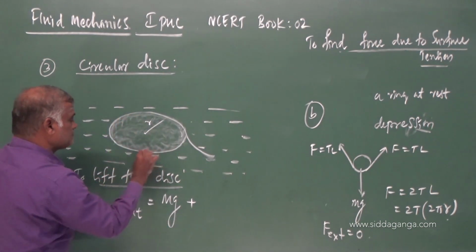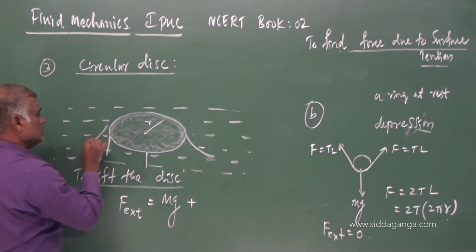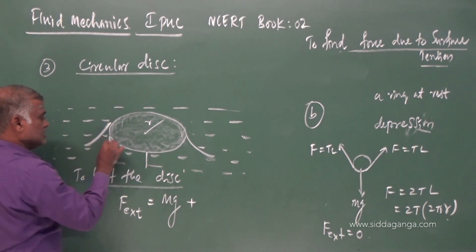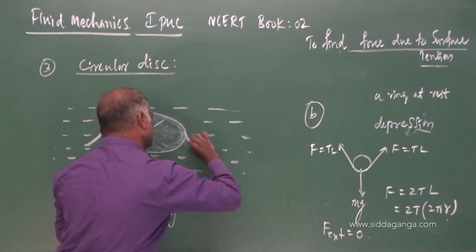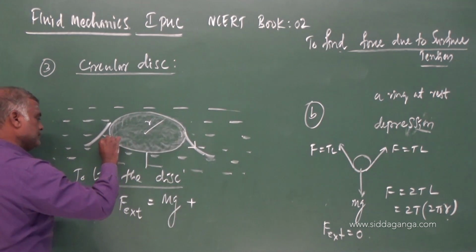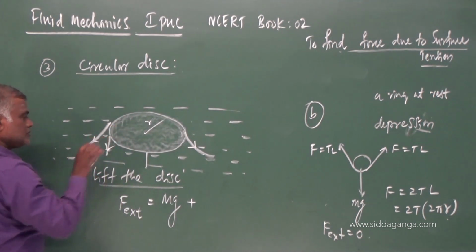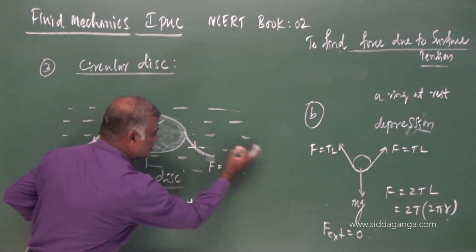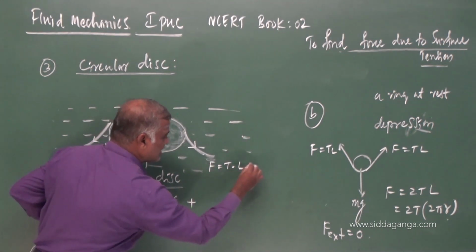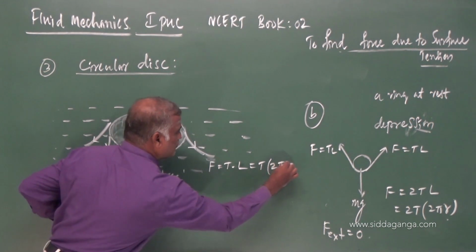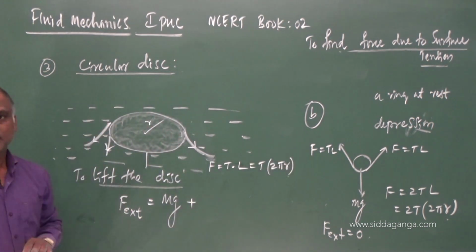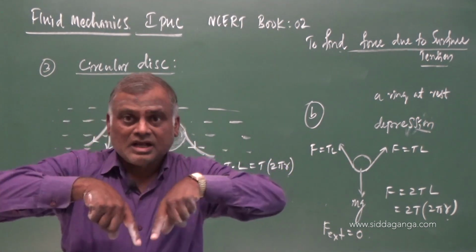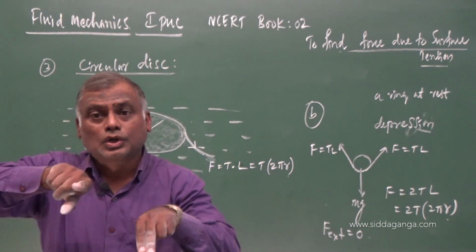On the outer surface you will experience some force due to surface tension, a tangential force, only on one side, and that tangential force will be equal to T into L here, T into 2 pi r. For a circular ring, you will have 2TL.